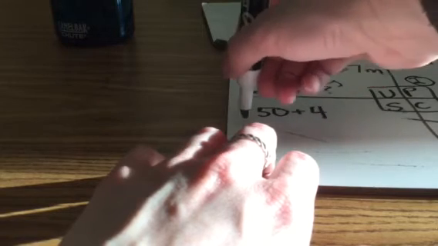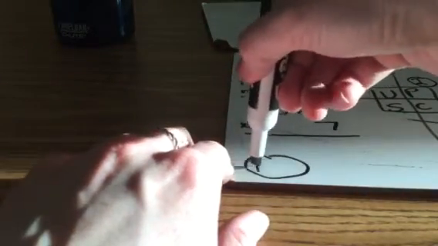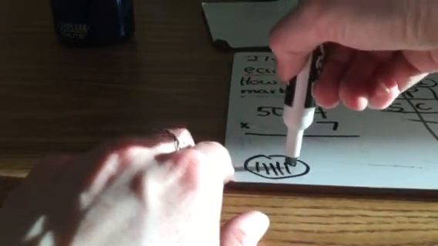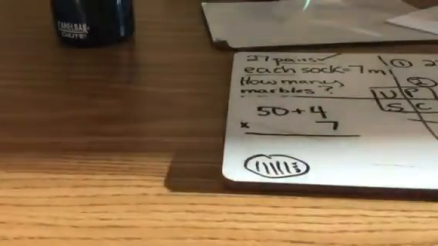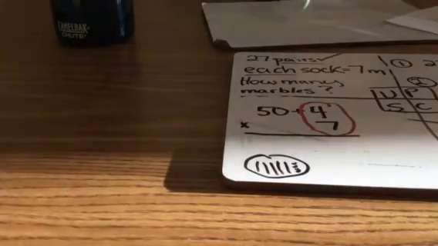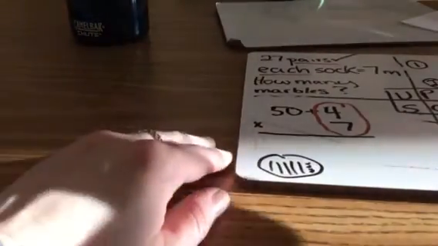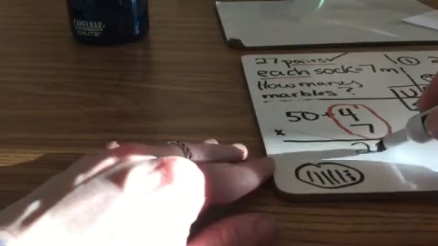So 50 plus 4 makes 54. If you remember when we did the groups, we would have said 1, 2, 3, 4, 5, 1, 2, 3, 4, and we would have had 7 of those, which is where we get the 5 10s and the 4 1s. So first I'm going to figure out how many 1s I have. I have 7 groups of 4 1s. 7 groups of 4 1s is 28.